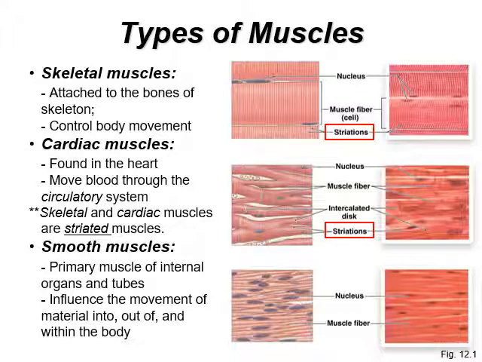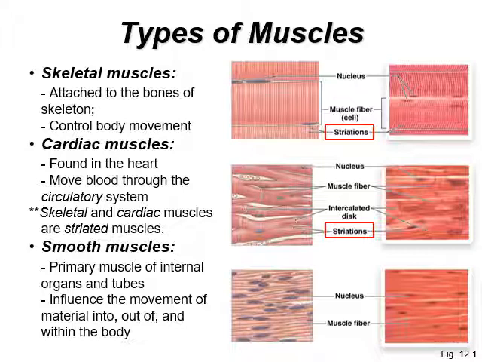All right, so like I said, there's three different types of muscle. We got the skeletal muscle, the cardiac muscle, and the smooth muscle. We're going to chiefly talk on the skeletal muscle today, but we will touch on the other two. So let's look at some of the basic function and basic characteristics of these muscles to get us going.